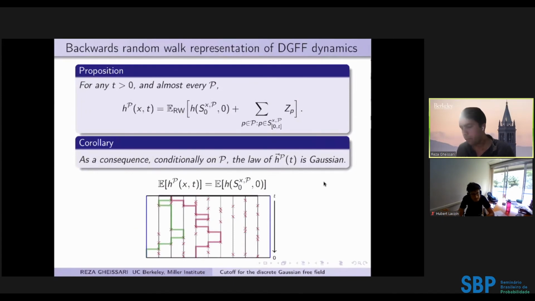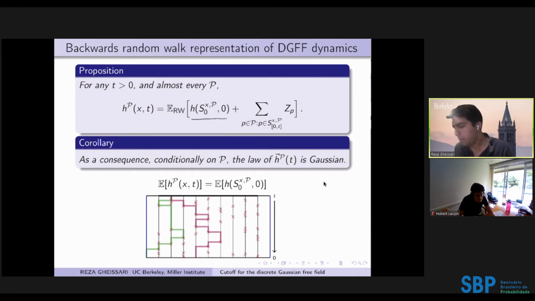In particular, we can compute the mean, the variance, and the covariance of the dynamics at any fixed point in time. The mean: all of these Gaussians have mean 0, so the mean of the process is simply the contribution coming from the first term.